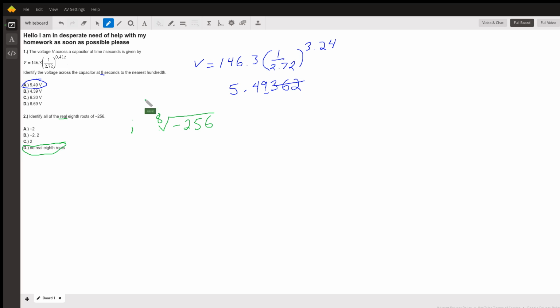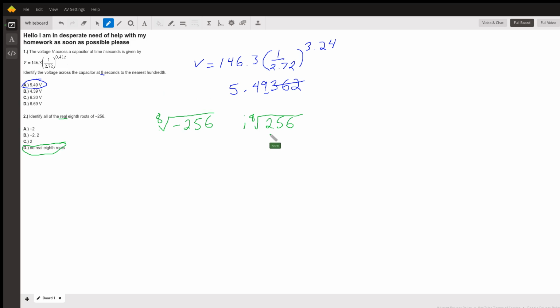But let's go ahead and work this one out to see what an answer would be if we were taking imaginary numbers. So if you were to take the i out of this, we'd be left with i times the 8th root of positive 256.